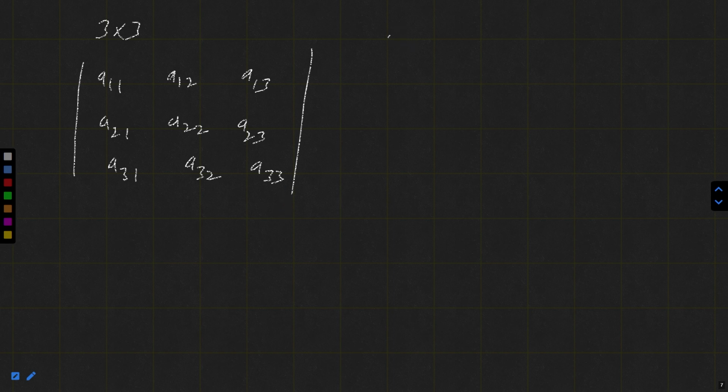Now for A11 we have minus 1 whole square, which means just 1. M11 will be what? Eliminate first row, first column. So this will be A22, A23, A32, A33. Solve this, you will get the value.